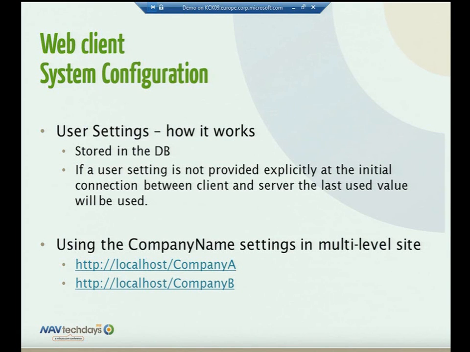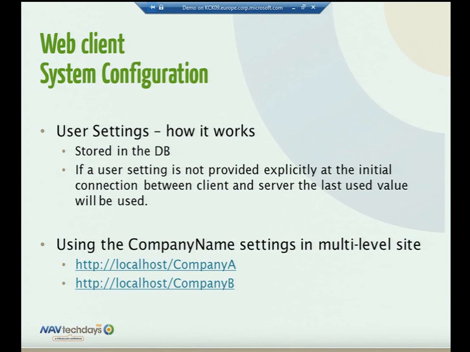So I'll go and talk a little bit about the Windows client, how it actually works with user settings. When you start the Windows client for the first time and hit the NST and don't specify anything in the config file, you will be authenticated in NST, and then afterwards the NST sends all the user settings back to the client, for instance the work date, the language, the company. And then the client will open up that company it got from the server, saying, hey, I want to open Kronos, for instance.